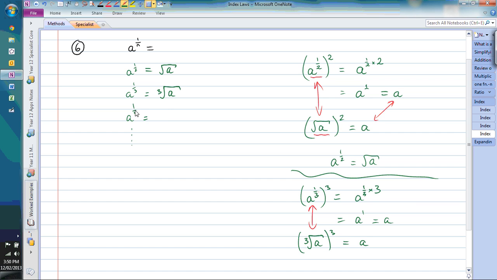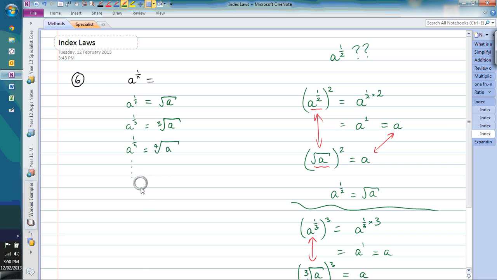We're going to find that a to the power of a quarter is like the fourth root of a, and so on. So rather than write all of these out forever, we can simply abbreviate this. If I take a to the power of 1 on something, then it's whatever root that was. So if it's a 3 here, then it's the cube root.